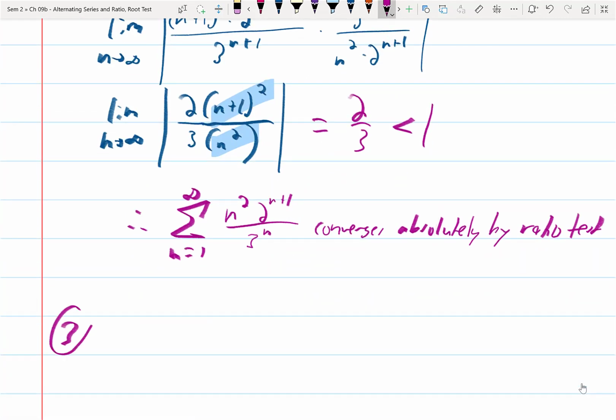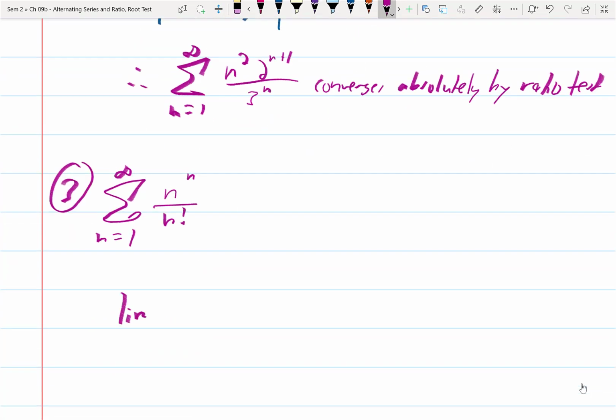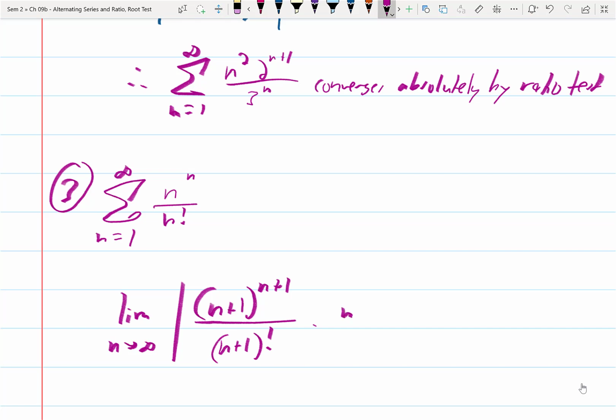Okay. Next one, sum from n equals 1 to infinity of n to the n over n factorial. So let's do the limit as n approaches infinity of n plus 1 raised to the n plus 1 over n plus 1 factorial times n factorial divided by n to the n.